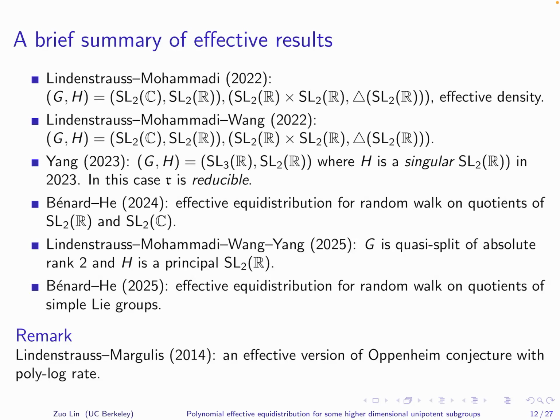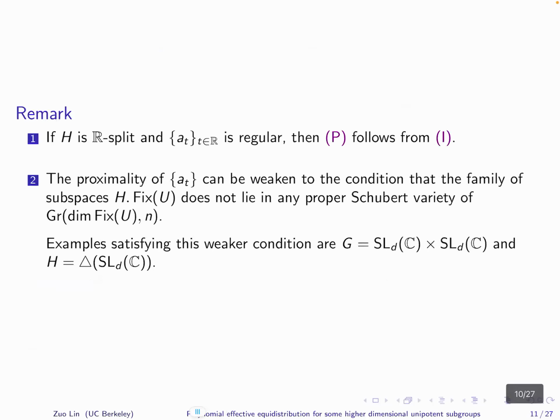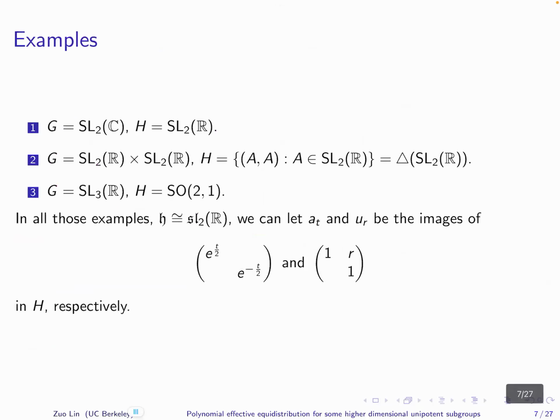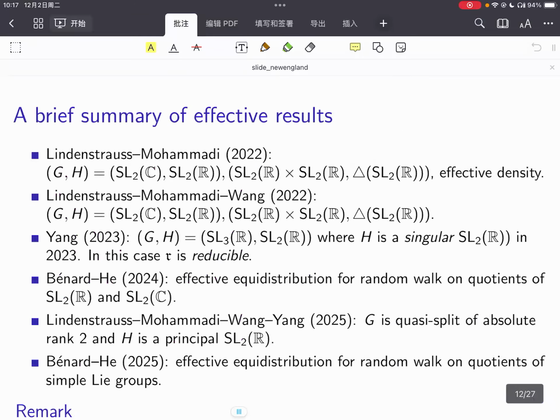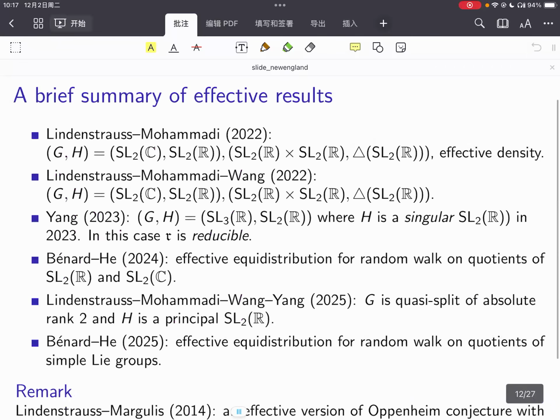So this case will cover, let me go to this slide, all those three examples and several other cases. Those three are principal SL2 inside some quasi-split absolute rank 2 semisimple groups. And let me go back to this page.